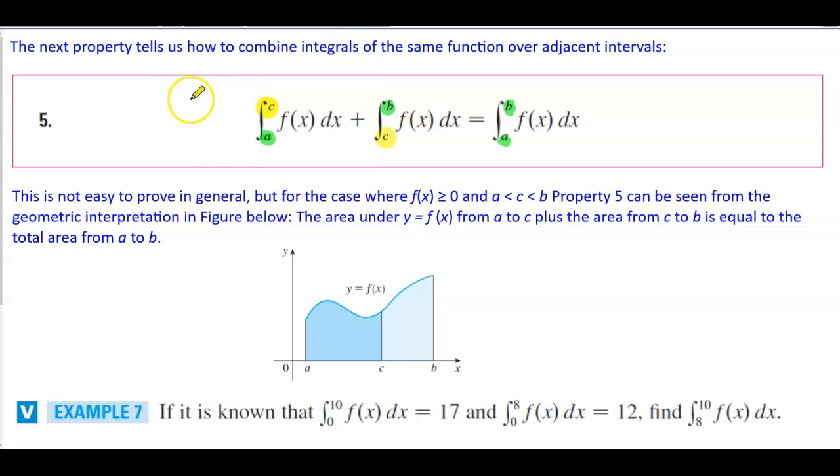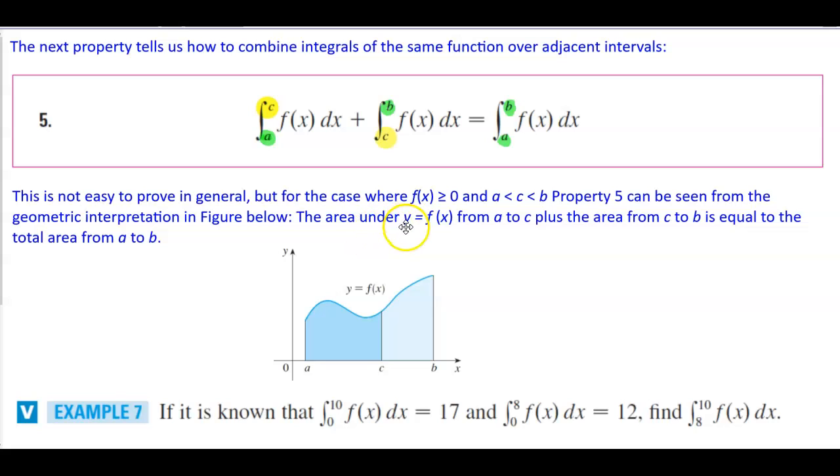Now, this is not easy to prove in general, but for the case where the function is greater than or equal to 0, or above the x-axis, and where c is in between a and b, property 5 can be seen from the geometric interpretation in the figure below.